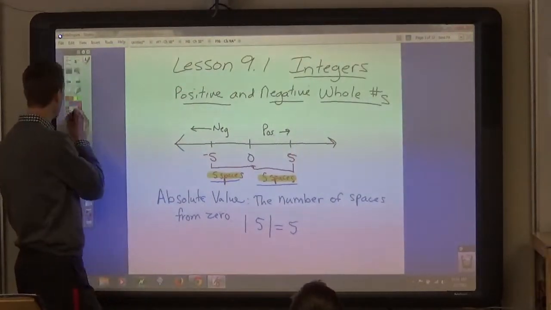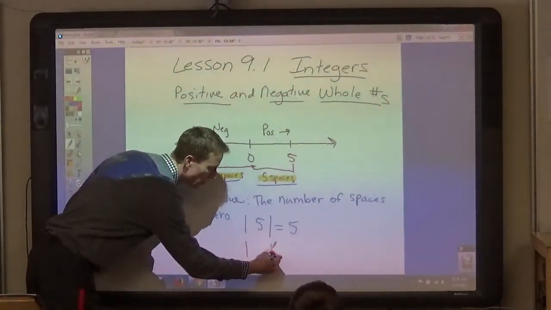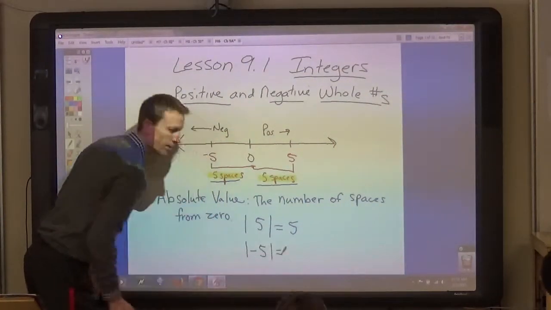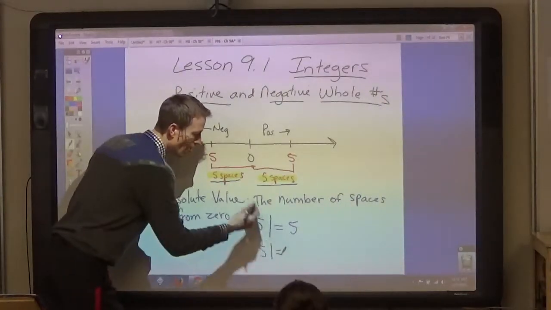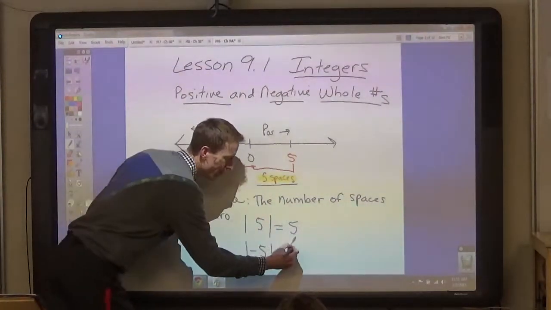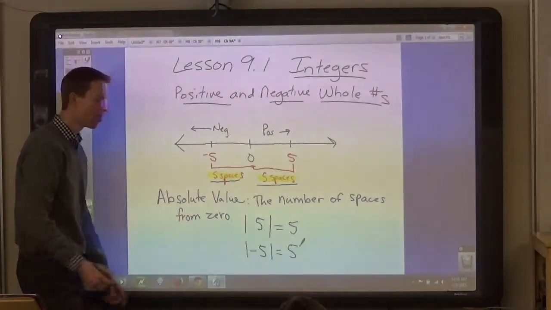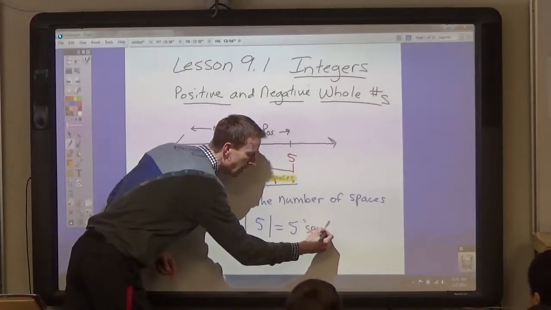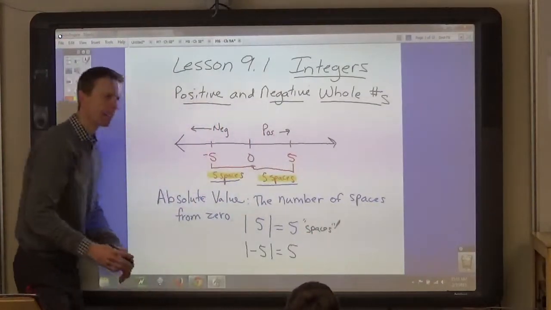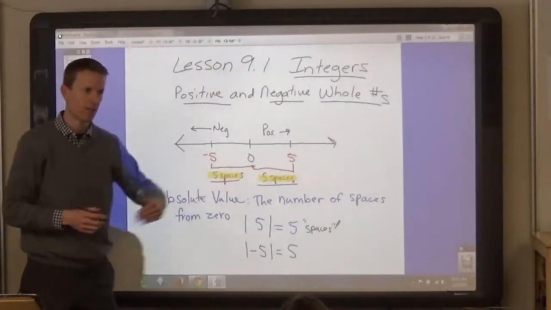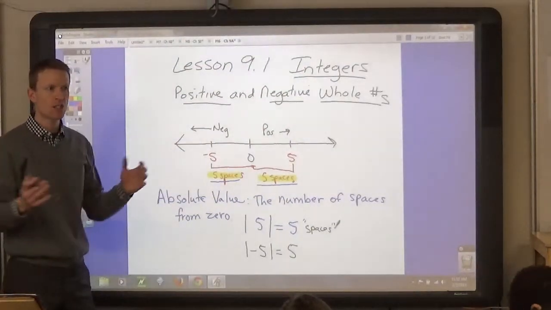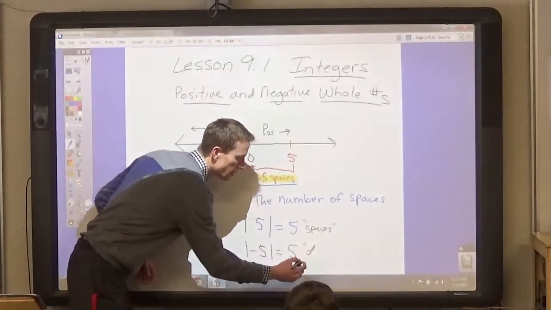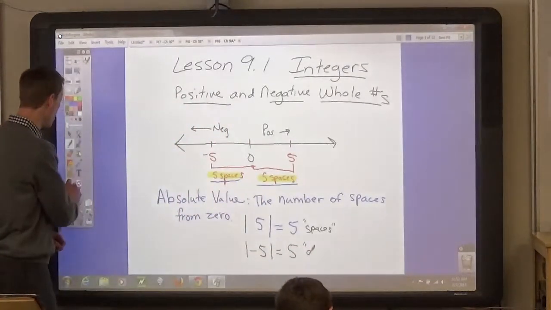And we would also say that the absolute value of -5 is 5. It's 5 spaces. You don't say negative 5 spaces, or that something is a negative distance. Distance is always positive. So we're talking about the distance from that number to 0.